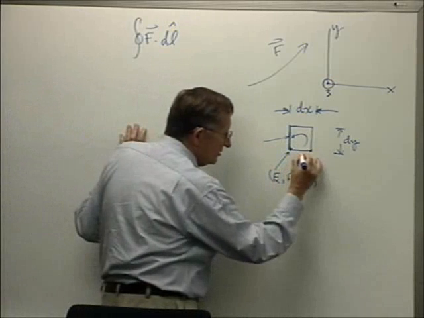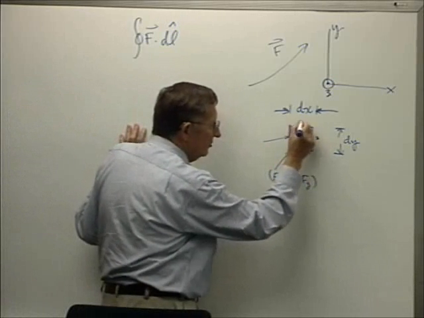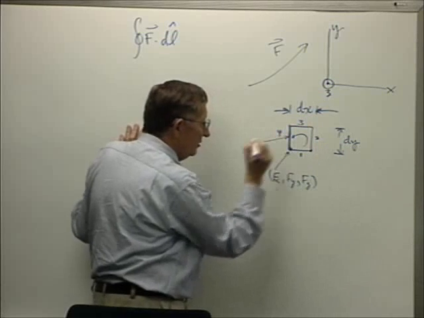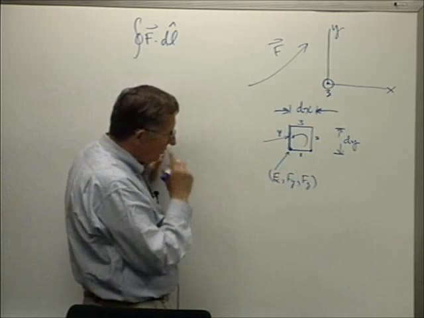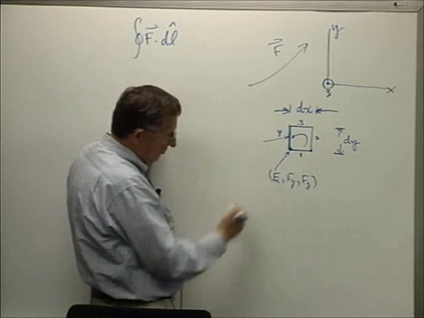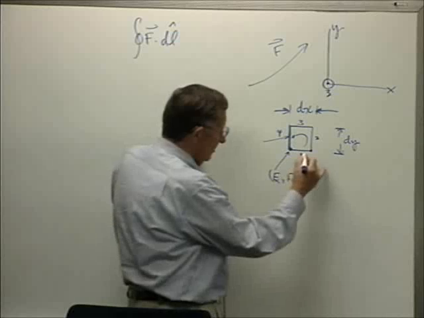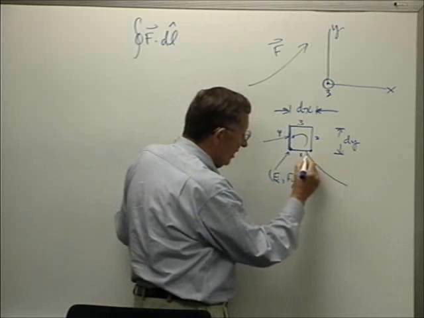So let's say this is 1, this is 2, this is 3, and this is 4. So let's first get the value of this vector field on each side.